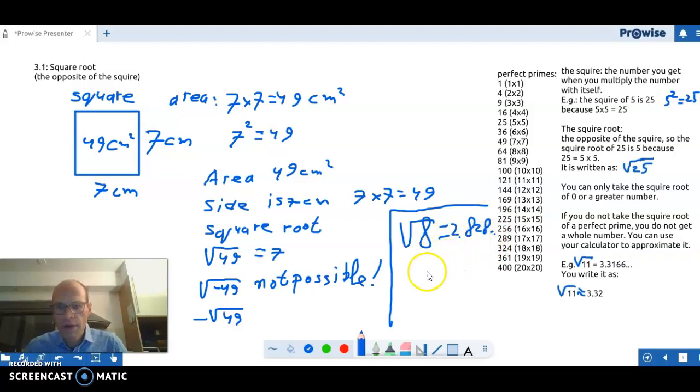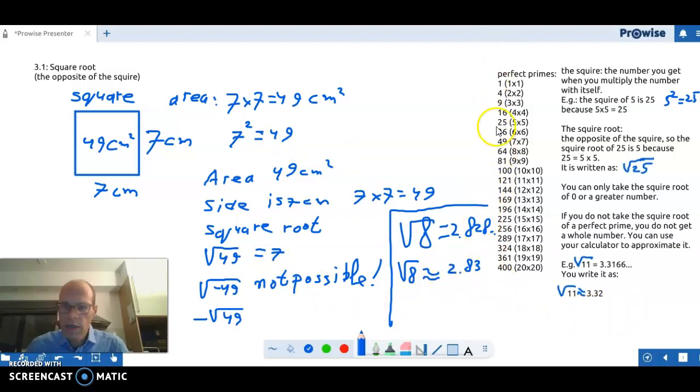So how do you write it down as an approximation? You simply write down the wavy equal sign, and that is 2.83. Of course, we need to round off properly. That's what I have over here as well as a note. So as you can see, what I explained about square roots is this, and the notes are to the right.